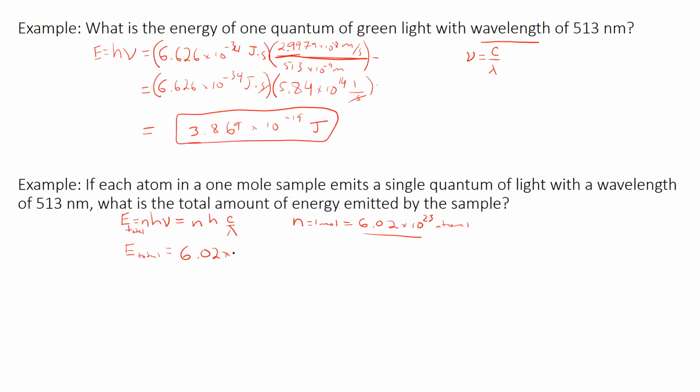And so here you could say the energy, E total, is going to equal 6.02 times 10 to the 23rd times 6.626 times 10 to the minus 34 joule seconds times, and I'm just going to put in h nu, 5.84 times 10 to the 14th hertz.